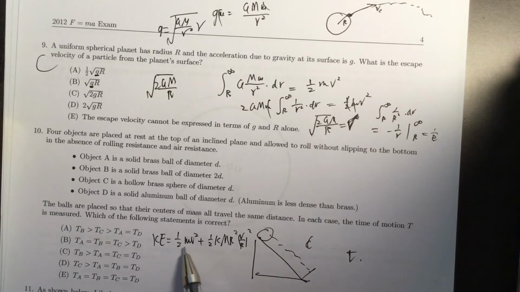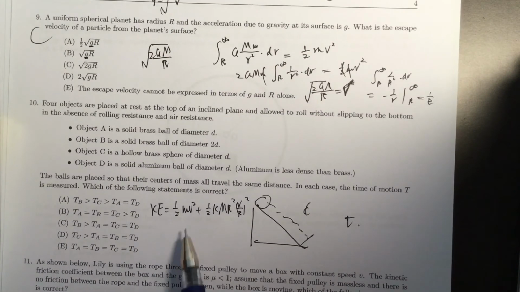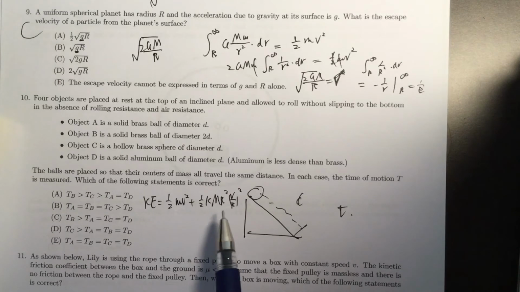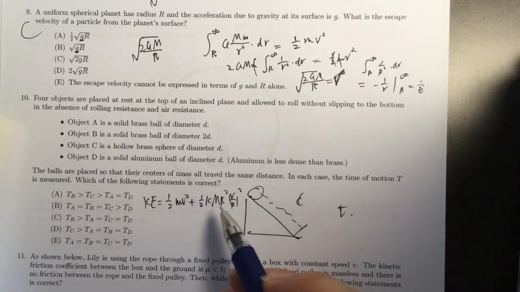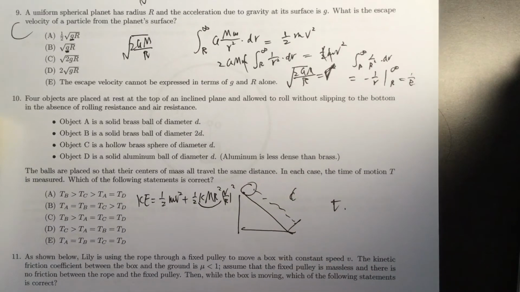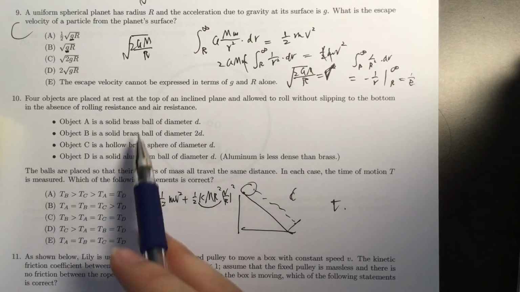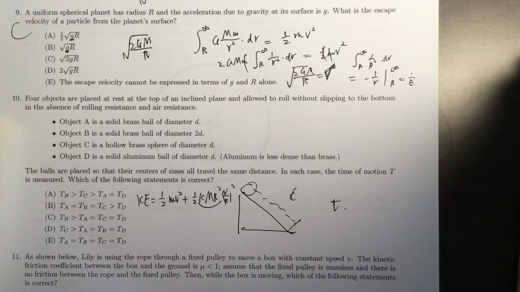The first part is the normal kinetic energy. The second part is the angular kinetic energy, and k is the coefficient constant for different moments of inertia. This term is the moment of inertia. Different solid and hollow spheres, or balls, or aluminum balls have different k values.